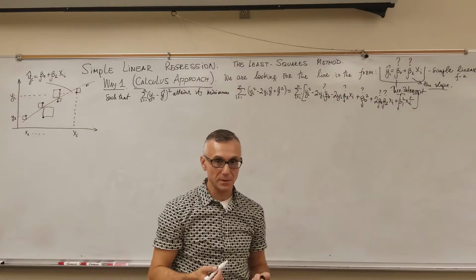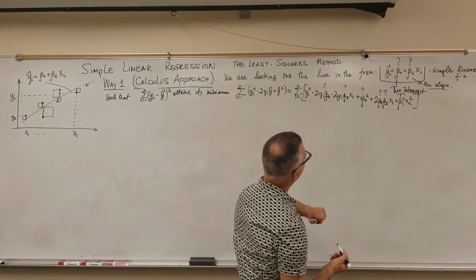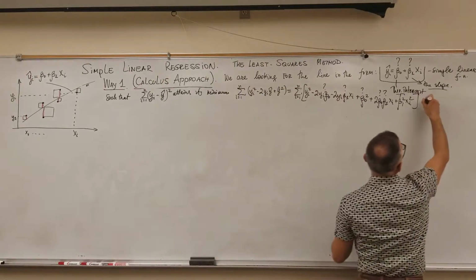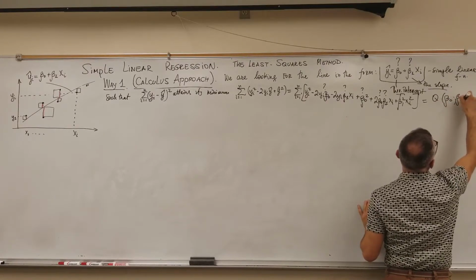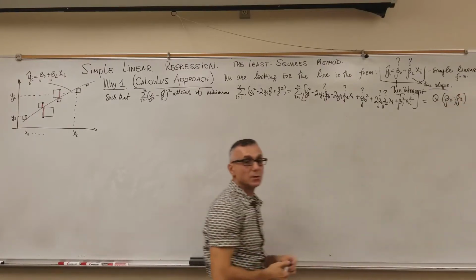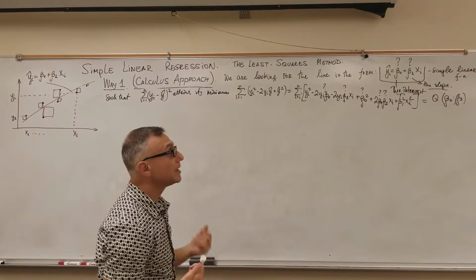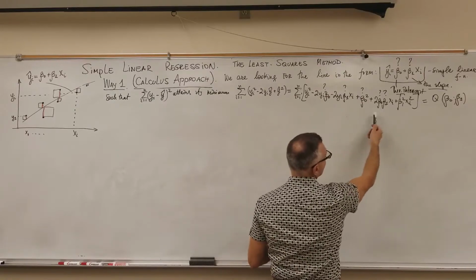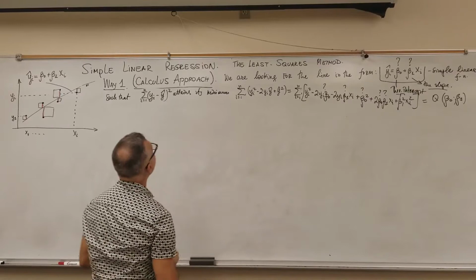As you can carefully see here, it's a function of two variables. It's a function Q of beta 0 and beta 1. It depends on the choice of those two variables. Now I need to minimize it. I need to find such beta 0, beta 1 that the value of that function attains its minimum.